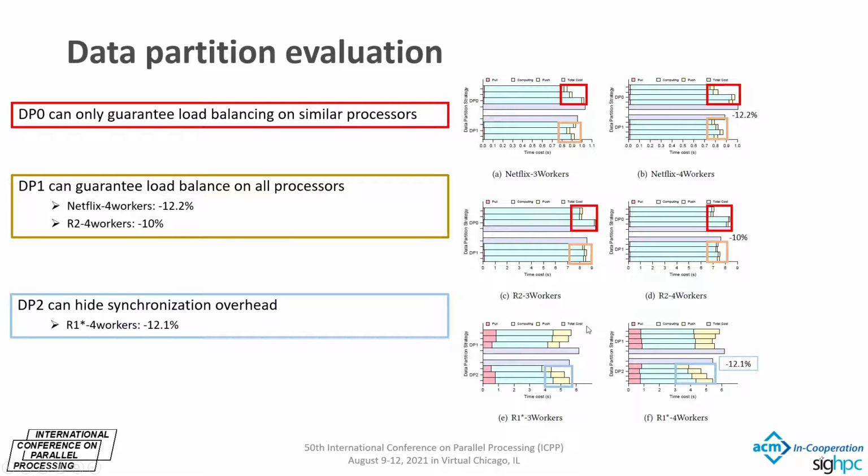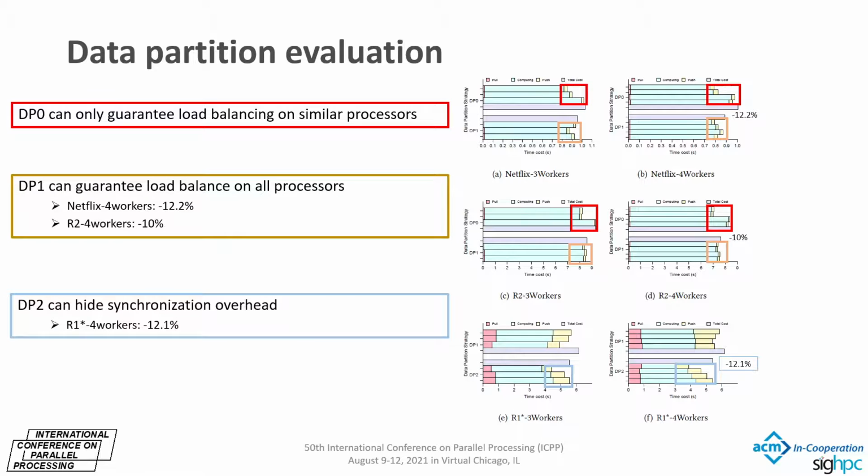Second, we introduce the impact of data partition strategies on performance. For datasets that don't need to consider synchronization overhead, such as Netflix and R2, DP0 can only guarantee the balance between simultaneous processors, while DP1 can guarantee the balance between heterogeneous processors.